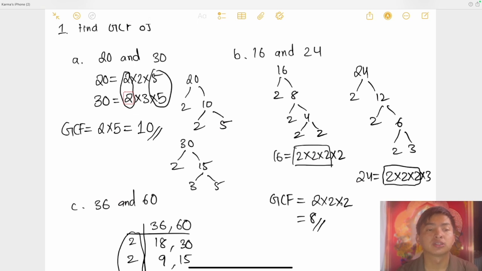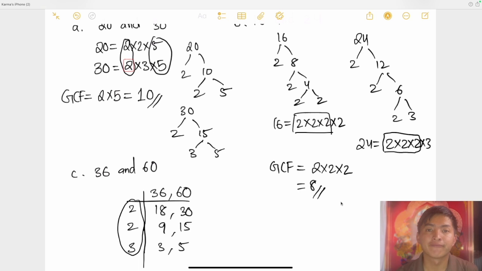For large numbers, it's always better to use prime factorization or division method because it's much easier and less time consuming. So that is why I used these two methods, although you're free to use any method.